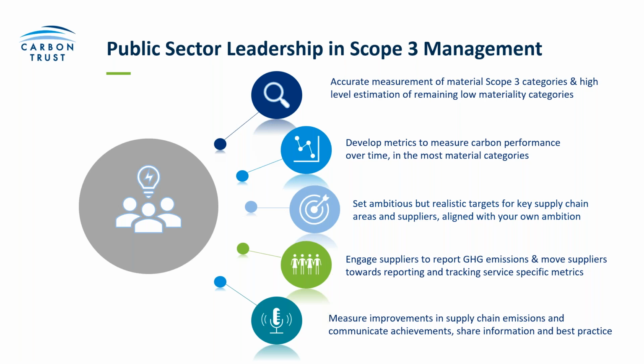Then it's about really engaging with your supply chain, beginning to talk with those suppliers and encourage them to report their GHG emissions, and then moving them towards tracking of service-specific metrics. Finally, being in a position then to start to understand what reductions are being made by measuring the improvements in the supply chain, and then communicating and sharing information and best practice with your peers, stakeholders, other public sector bodies and local authorities.